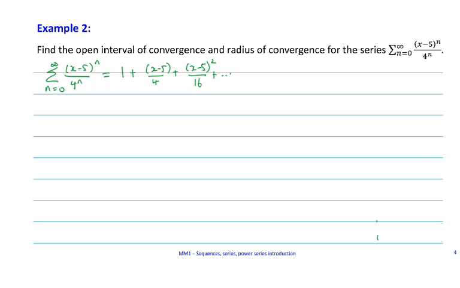Now by inspection, the common ratio is again x minus 5 over 4. Okay, so when r is less than 1, it converges.